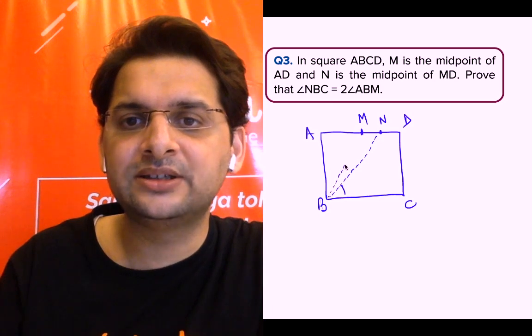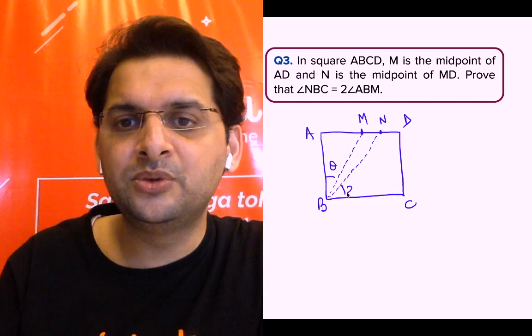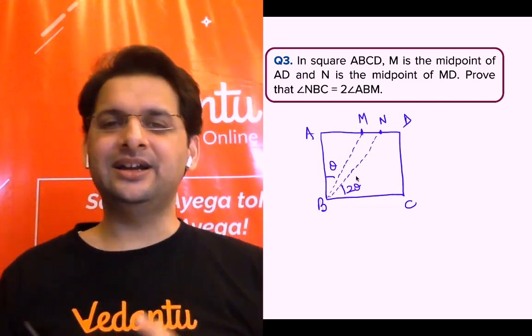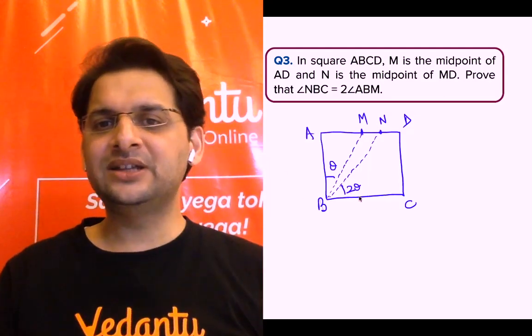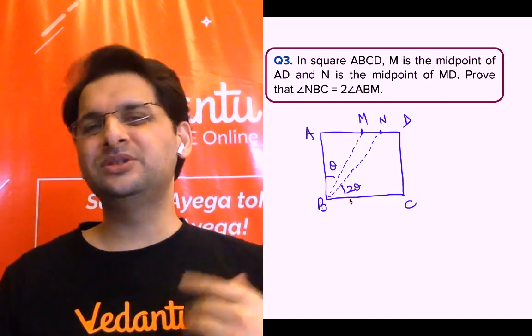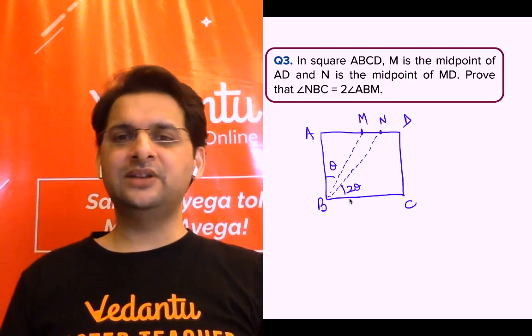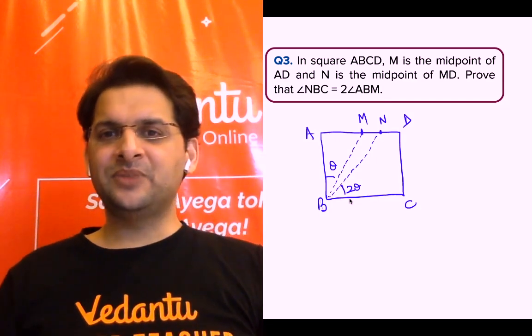So if this is theta, you have to prove that this is 2 theta. So it looks like angle chasing. If this is theta, you have to prove that this is 2 theta, and try to use Pythagoras, a simple application of Pythagoras. Try to do it yourself, children, if you're seeing the recording.